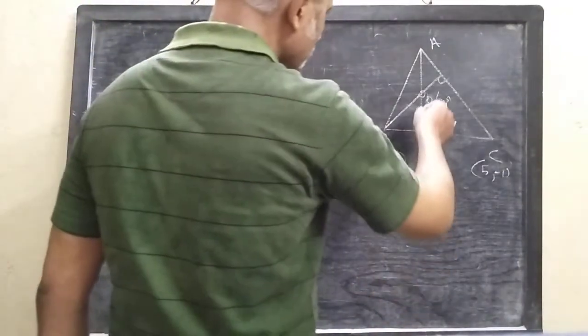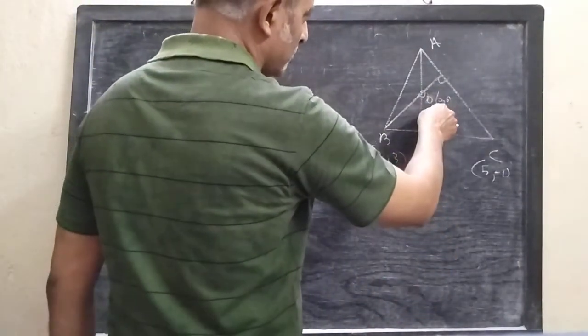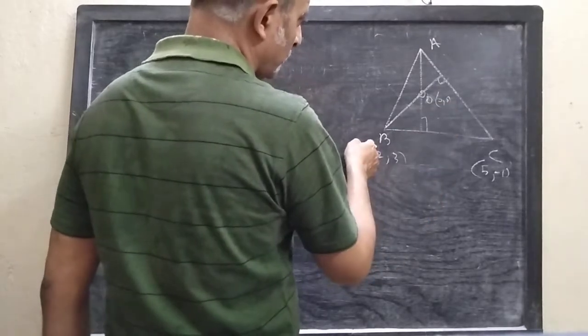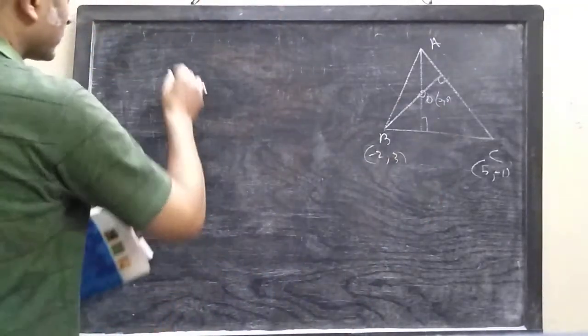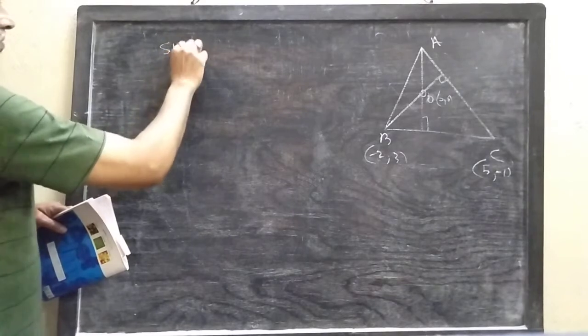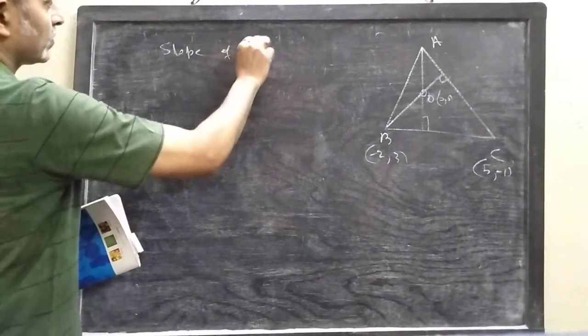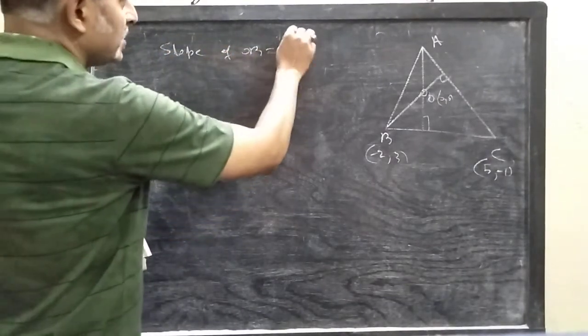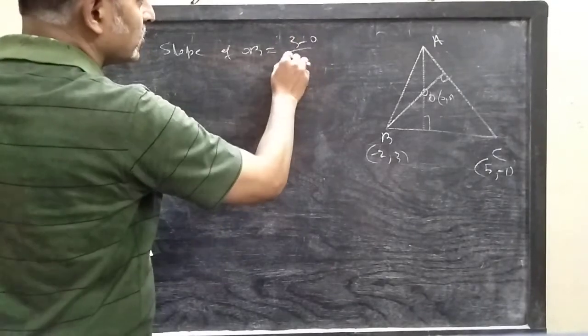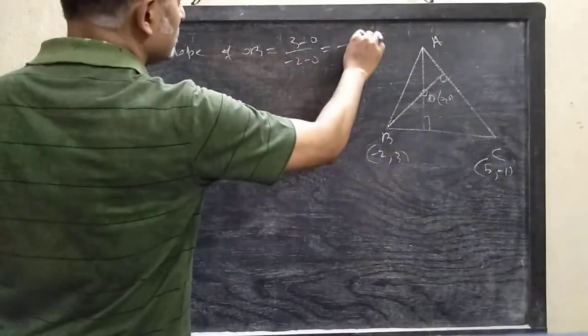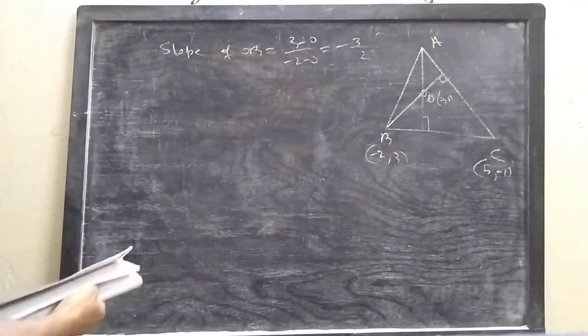Now look, you know the coordinates of the orthocenter O, you know the coordinates of B. You can find the slope of OB. Slope of OB is (3 minus 0) by (minus 2 minus 0), so this is minus 3 by 2.